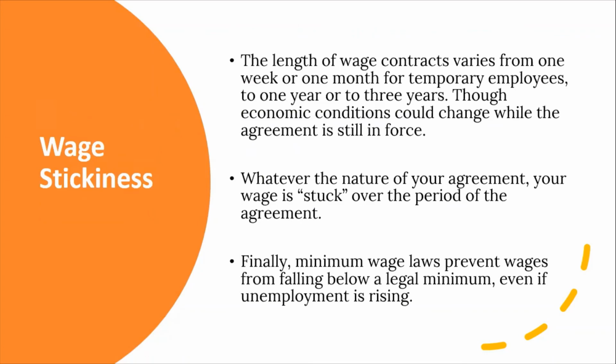Wages are not flexible in the short run, but in the long run they are, because employment contracts run out after a few years. As contracts last one, two, or three years, the wages don't go up. So it takes a few years for wages to go up. Your wages are stuck over the period of the contract, basically.